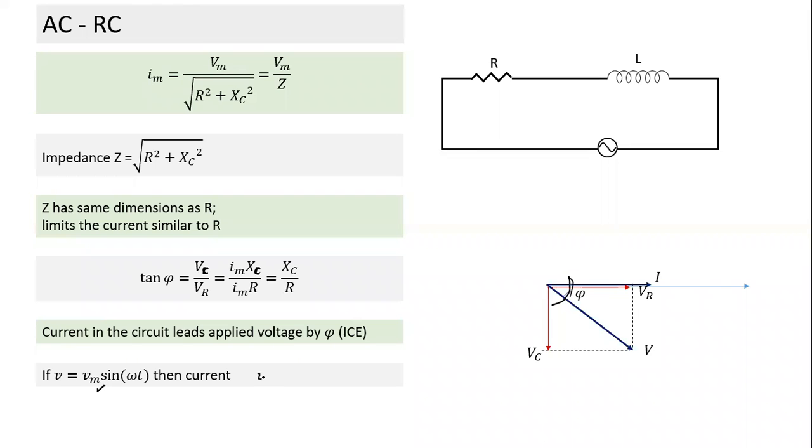It will be Im sine of omega t plus phi or minus phi. Current will lead, that's why it will come as plus phi. The value of phi will depend on the relative values of XC and R. So very similar derivation and very similar terms. The only thing you must always remember, never forget, commit to memory once and for all: XL is equal to omega L and XC is equal to 1 by omega C.